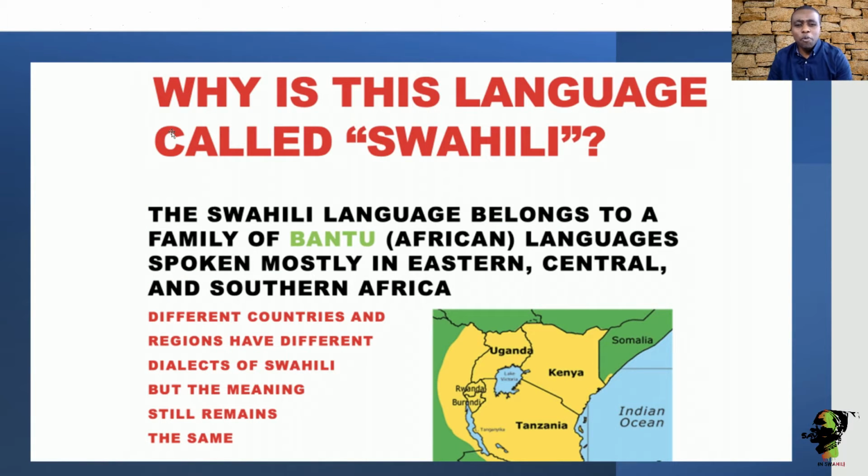So why is this language called Swahili? Swahili belongs to a group of people called the Bantu people. The Bantu people are native people along the East African coast and also in some of the landlocked countries around the other East African coast countries, such as Somalia, Kenya, and Tanzania.